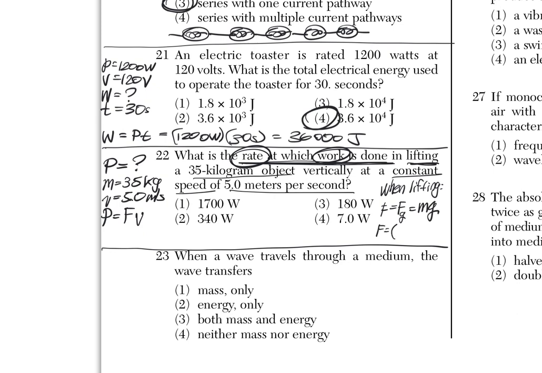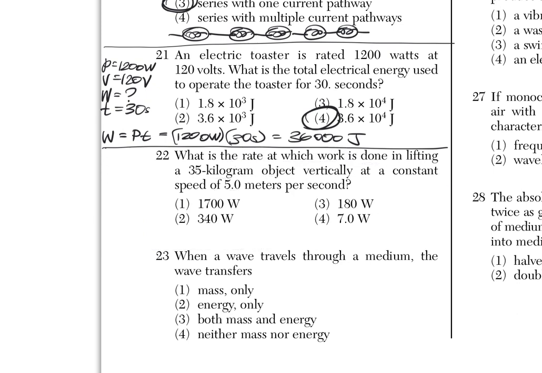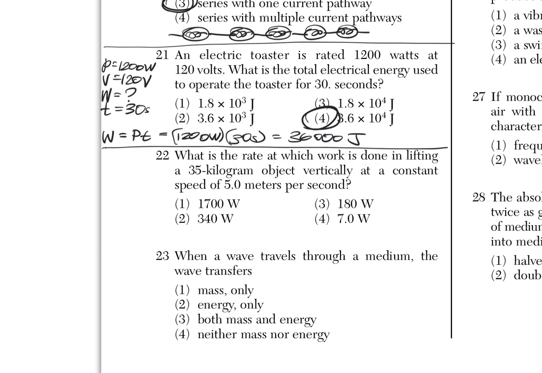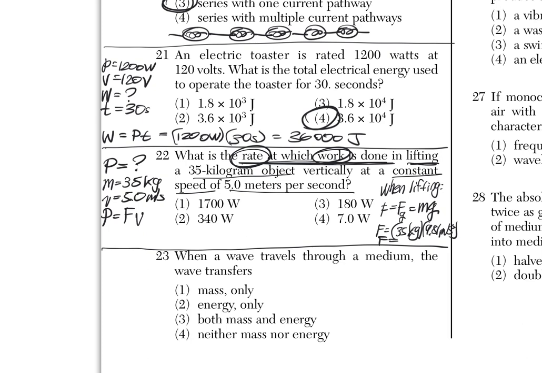And so that's going to be 35 kilograms times 9.81 meters per second squared. And so my force is going to be roughly 350 newtons. 35 times 9.81, 343. I'll just round it at that point. I think it's close enough.